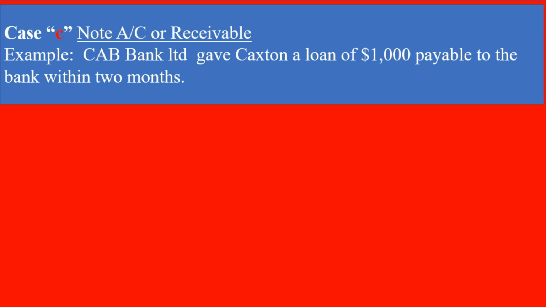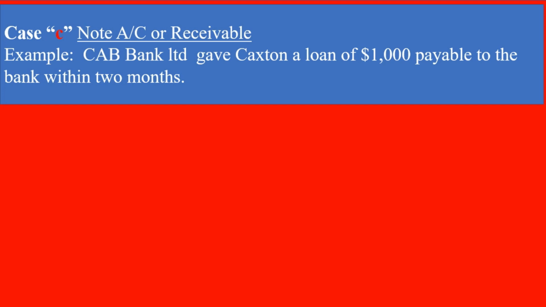Then case C, we have the issue of note account or receivable. I've used an example of CAB Bank Limited, which gave Caxton a loan of 1,000 US dollars, which was payable to the bank within 2 months.